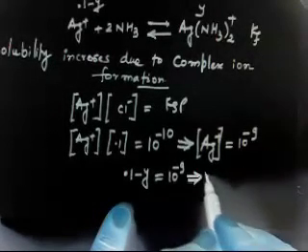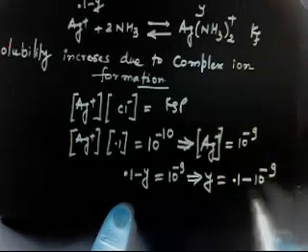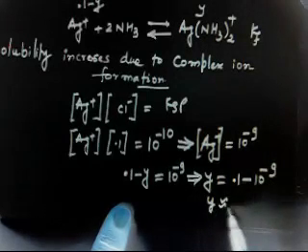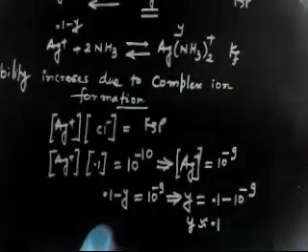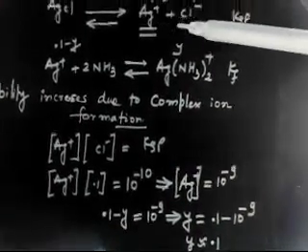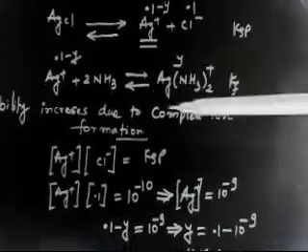If I solve for bi, it is 0.1 minus 10^-9, so I can say bi is approximately equal to 0.1. Are you getting it or not? This means almost all of the Ag+ that has dissolved from step 1 has gone to this complex form.